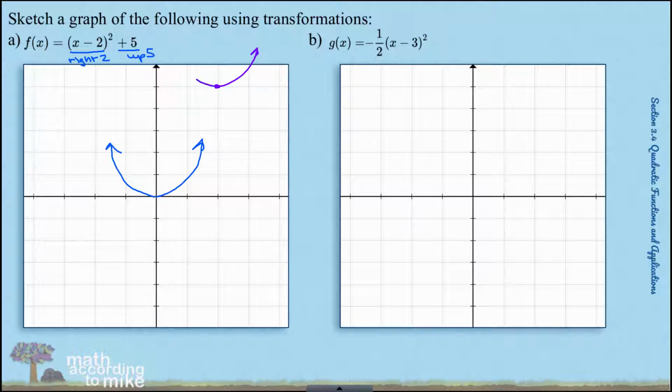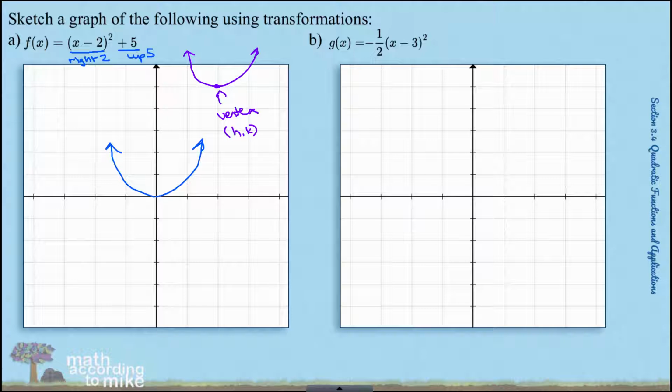That center we call the vertex. And when you are in HK format, the vertex is very nice. It's H comma K. Easy peasy.